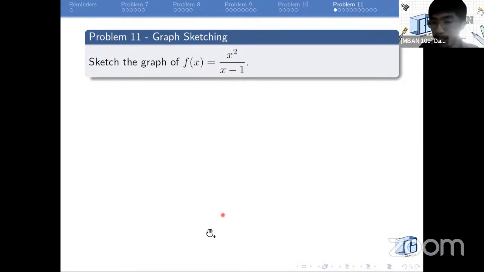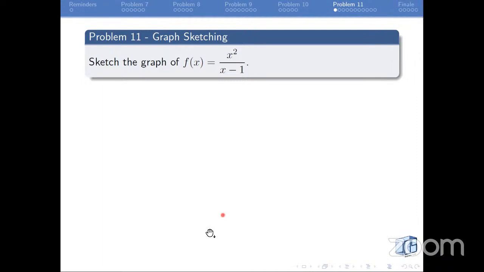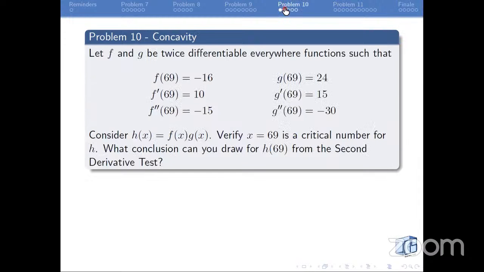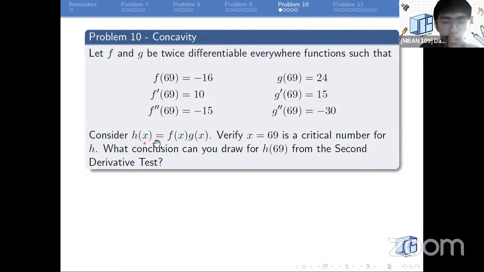Q&A muna, sige. Okay, George. For questions regarding sa problem 10. Yes. Sabi raw ni Anonymous, paano po malalaman na i-multiply dapat yung f and g to get h dun sa problem 10? Ay, ito? Yes. Nakalagay lang siya, consider h of x equals f of x times g of x.